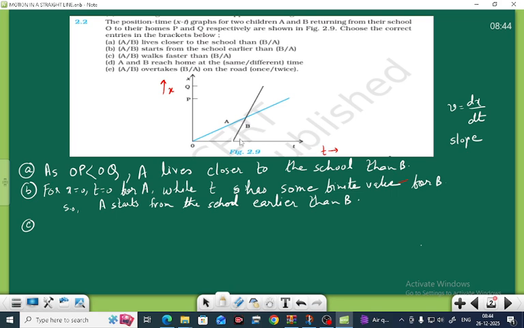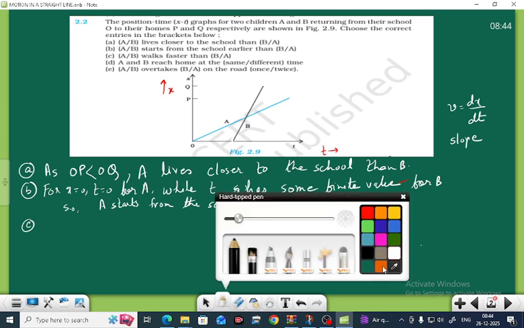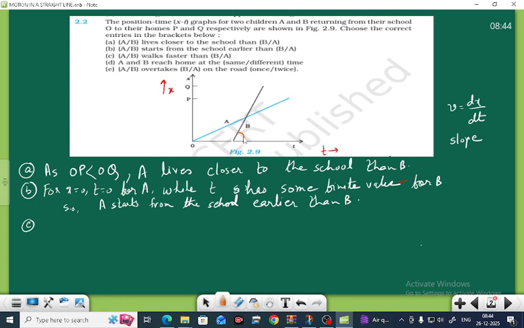You can see here the slope is this angle. The angle of B is greater than the angle of A. So the slope of B is greater than A. So B has greater speed, right?